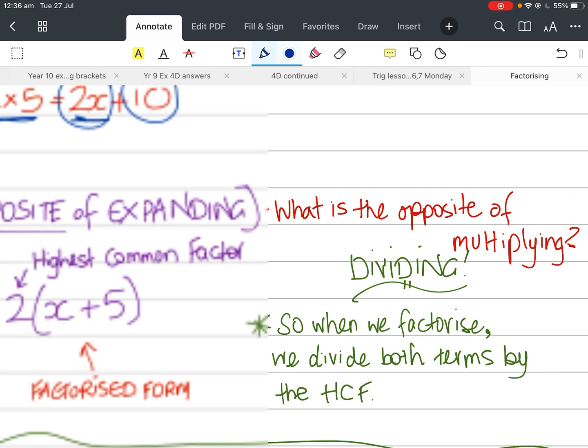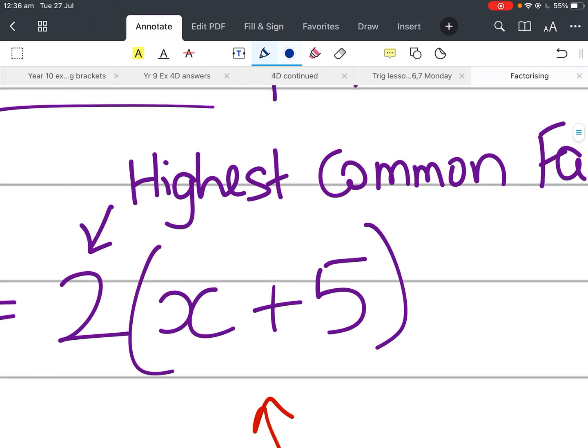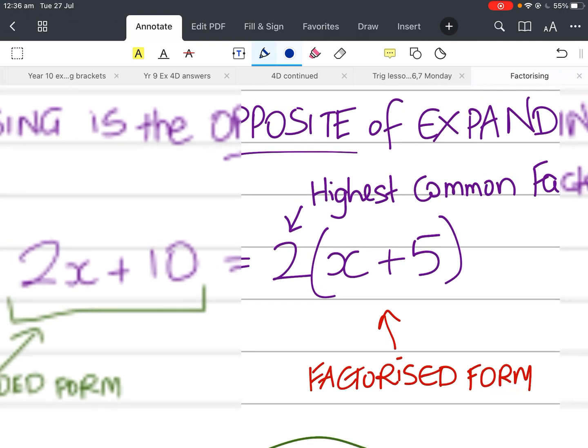So when we factorise, our answer should look like this. Now, if you remember, that's what a question looked like when we were expanding. So now your answer should look like 2 brackets x plus 5.